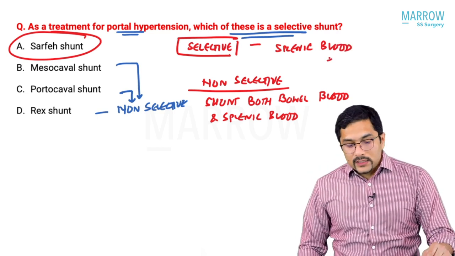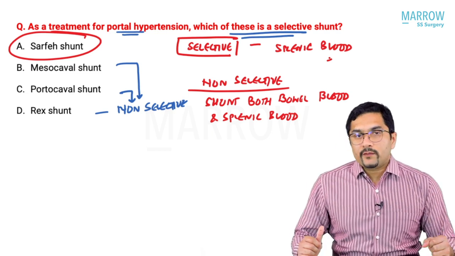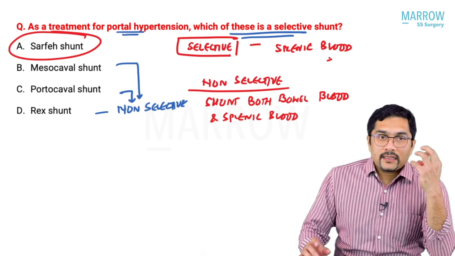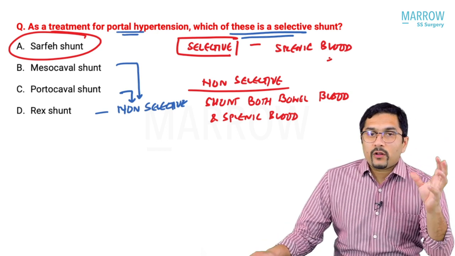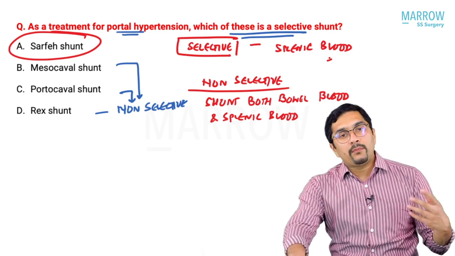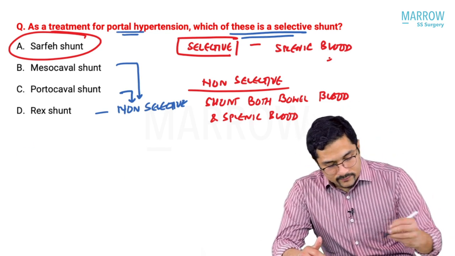The disadvantage of non-selective shunts is that, because bowel blood is also being shunted, there is a risk of encephalopathy. In selective shunts, encephalopathy is uncommon because you are only shunting out the splenic blood and not the bowel blood. So, this is something which you should know about.